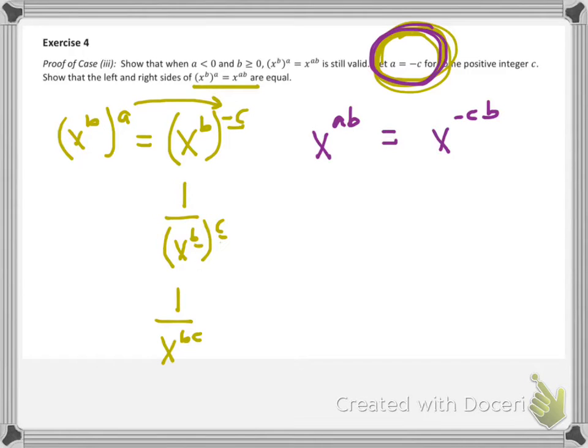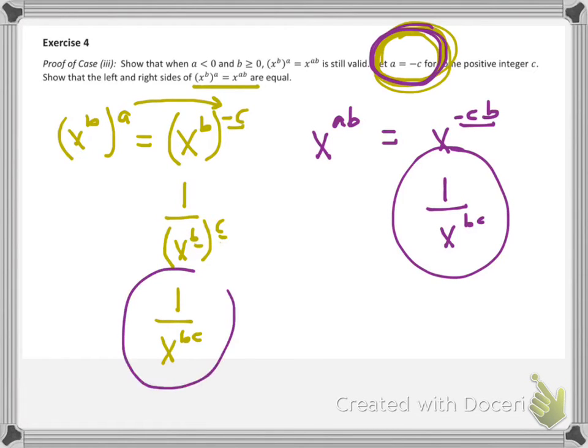And then since this is a negative exponent, we can rewrite that as 1 over x to the positive, and I'm going to rearrange the order in alphabetical order, 1 over x to the bc, and there we have it. 1 over x to the bc is equal to 1 over x to the bc. So it works even if we have a negative exponent as well.